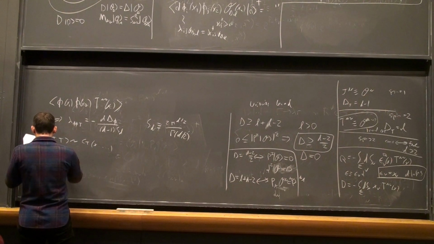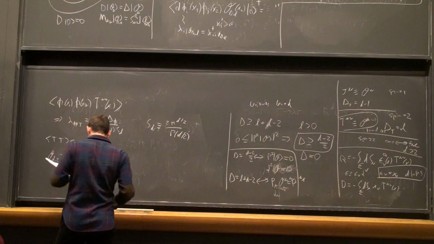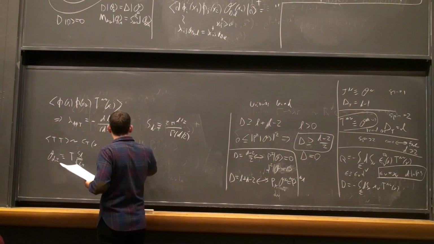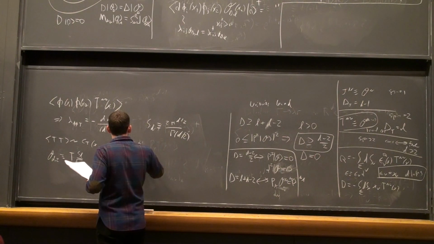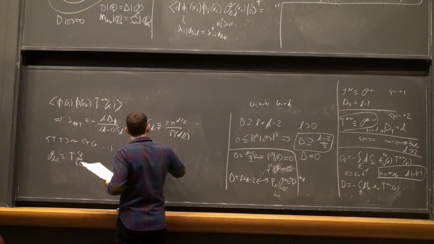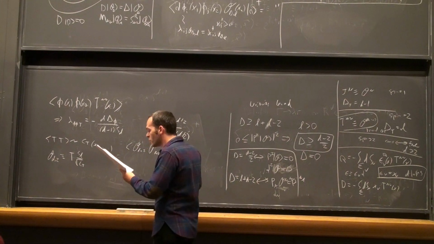And this guy, you define as just the stress tensor, but you factor out some factors. So in particular, you factor out the sphere volume as well as the square root of C_T. The reason why we do this is this implies that the 2-point function of this unit normalized stress tensor is 1, which is a more useful normalization.